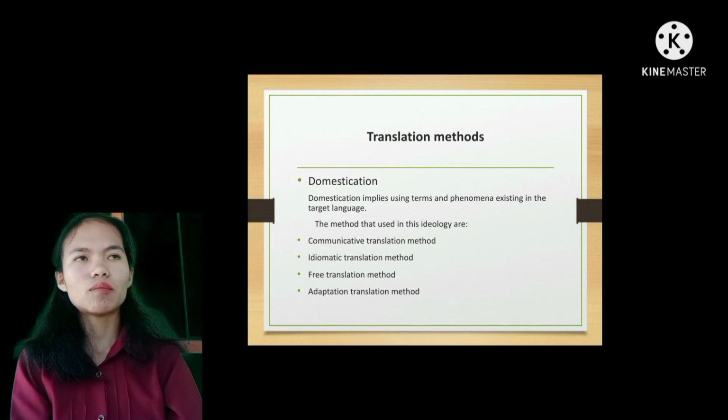And the last is adaptation translation method. It is used to translate literary works such as comedy and short story. The source language culture is converted to the target language culture and the text rewritten.